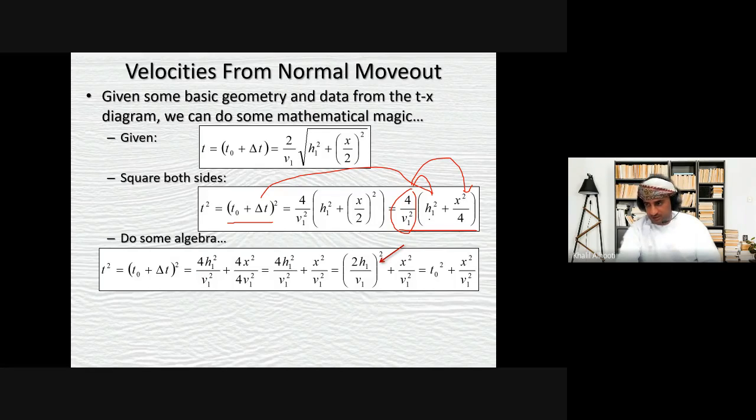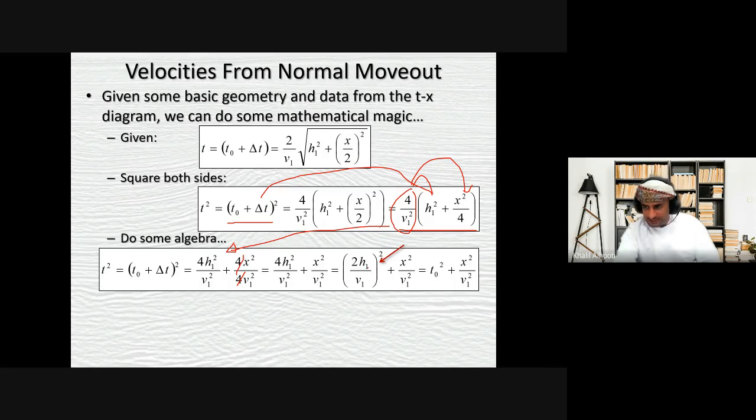So here, the first thing, multiply here and here. That's the product. 4 goes with 4. I'm left with x squared over v squared. Take out the square from here. So it becomes like that.